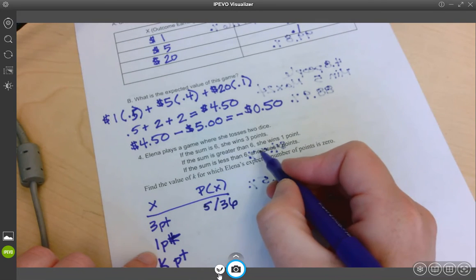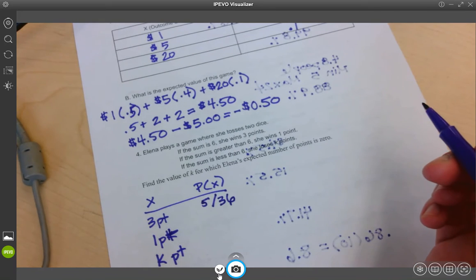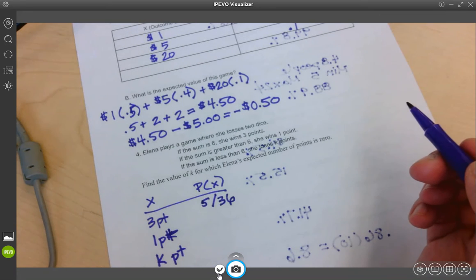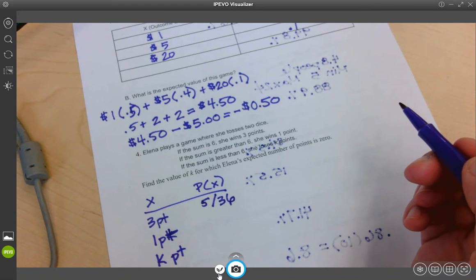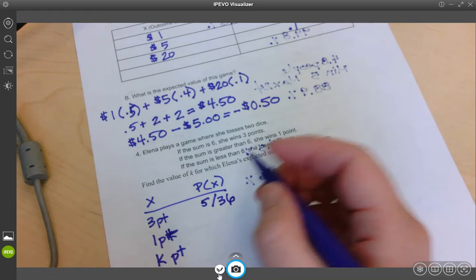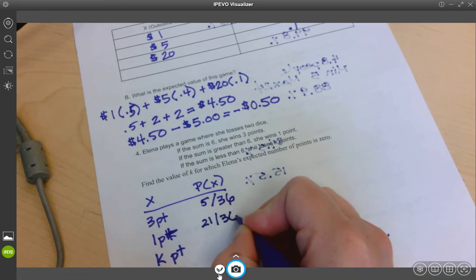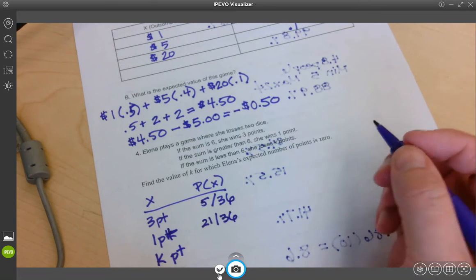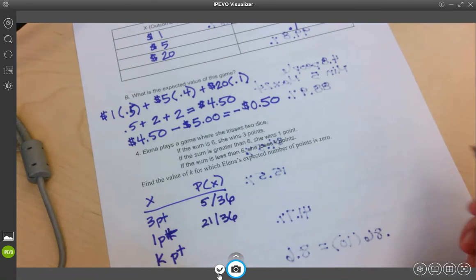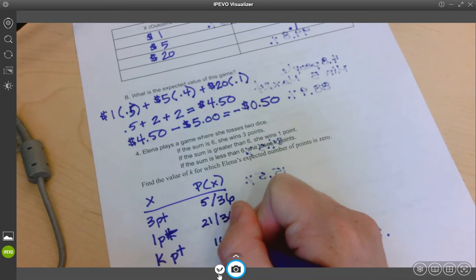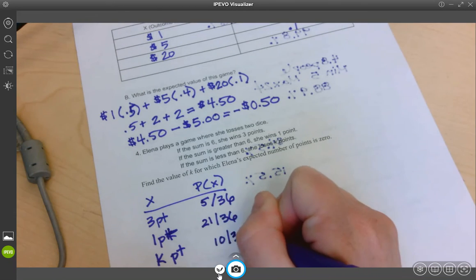If the sum is greater than 6, she wins 1 point. So considering the chart, how many are greater than 6? I heard 21. Can anybody confirm 21? Okay, so 21 are greater than 6. So I'm going to do 21 out of 36. And then that leaves how many that are less than 6? 10? So 10 out of 36.